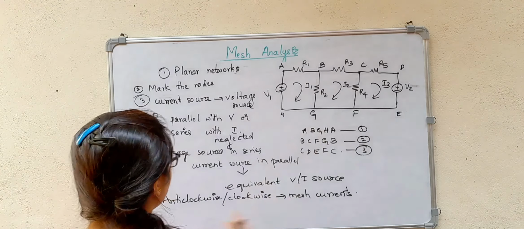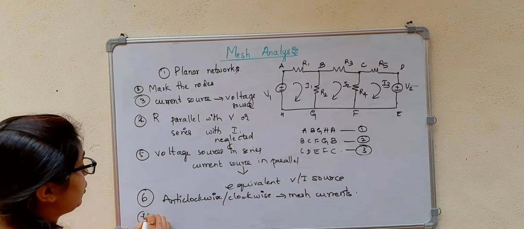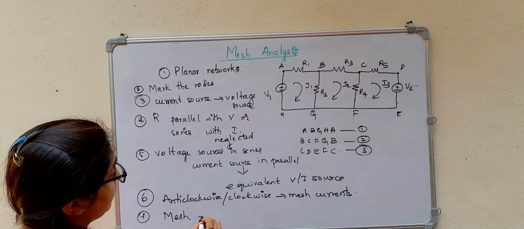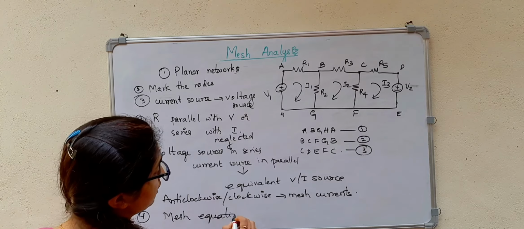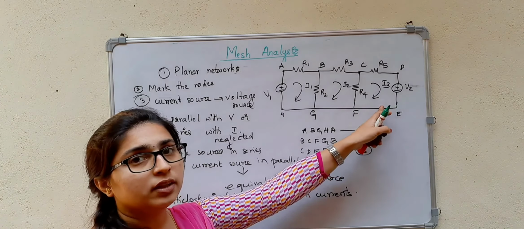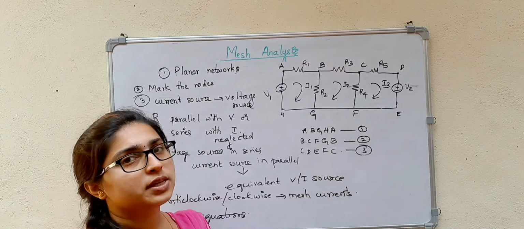Now we can write the mesh equations, and then solve these mesh equations to get I1, I2, I3 using Cramer's rule, or any other method.